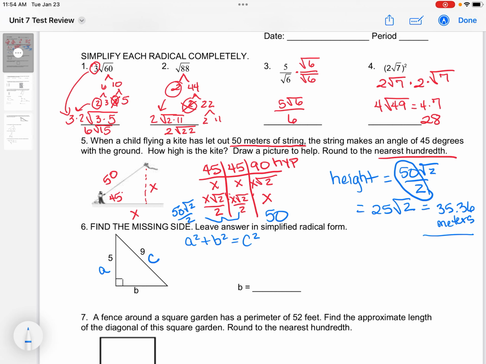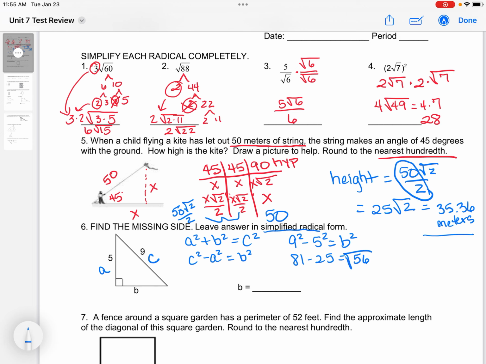This is C, this must be A. So I have C squared minus A squared equals B squared. So I'm going to have 9 squared minus 5 squared equals B squared. 81 minus 25 is going to be 56.